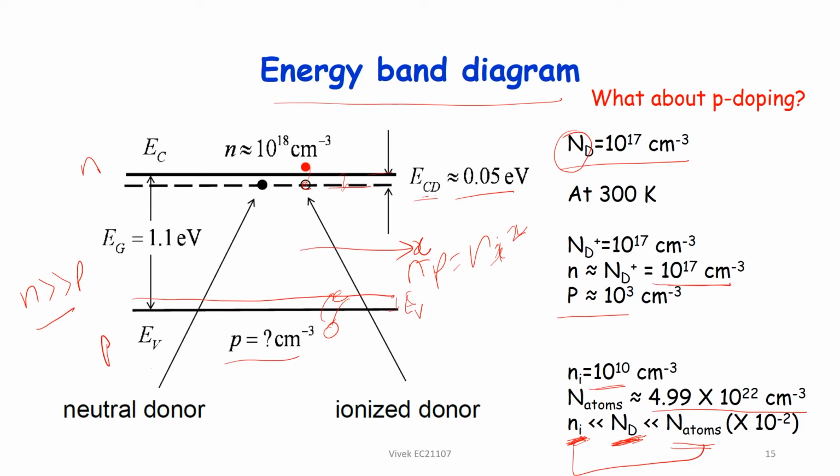Now this defect is basically an acceptor, and the other defect is a donor. So ECD is the energy difference between the donor defect level and the conduction band edge, and EVA is the energy difference between the valence band edge and the acceptor defect level.